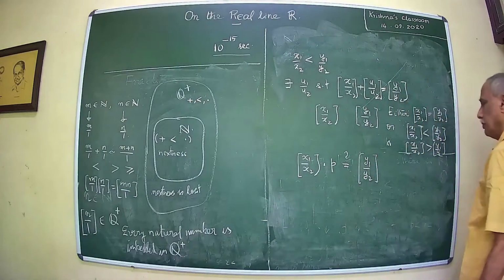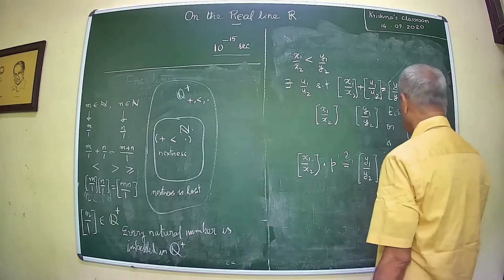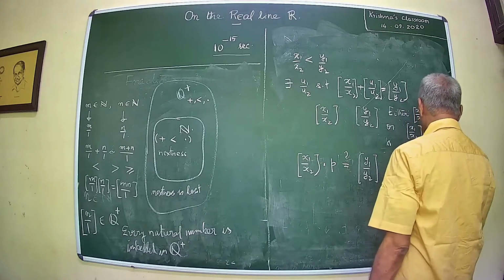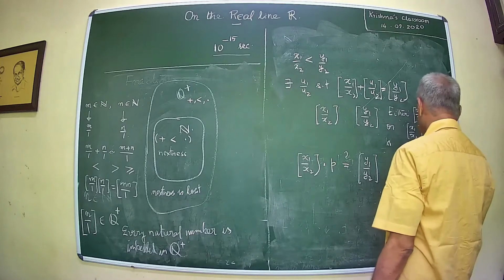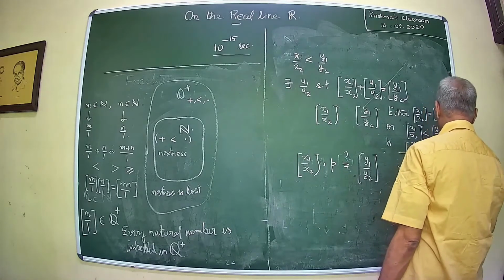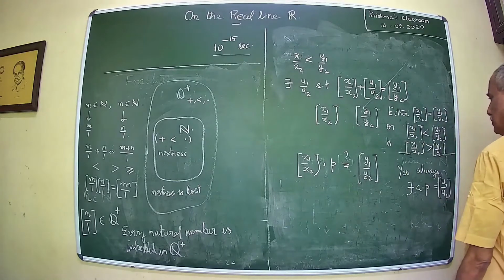This is the question that you are asking. Does there exist one? The answer to this is yes. Always there exists a p, which is of the form u1 by u2.